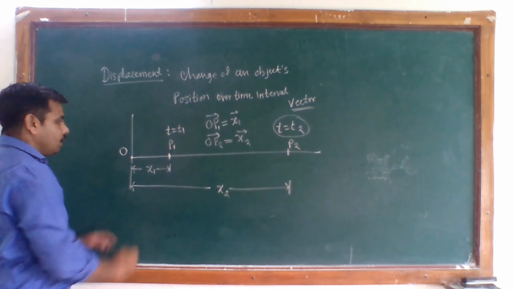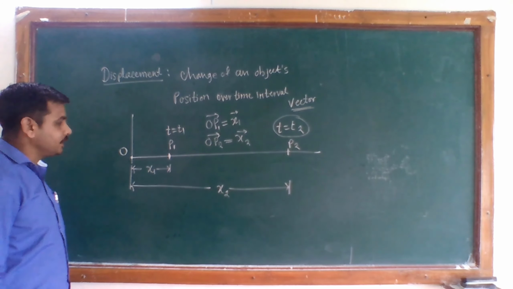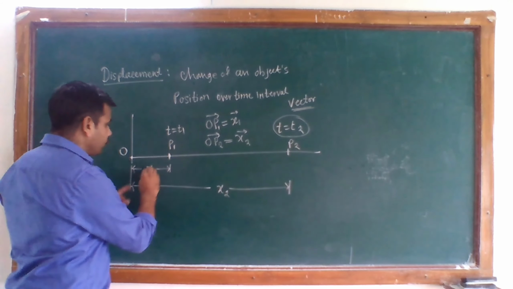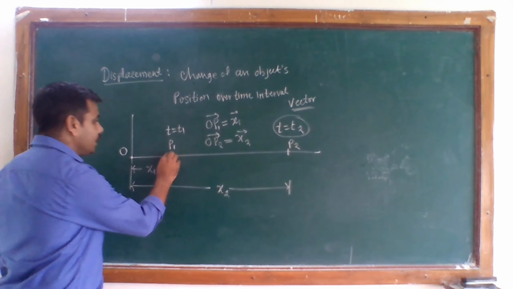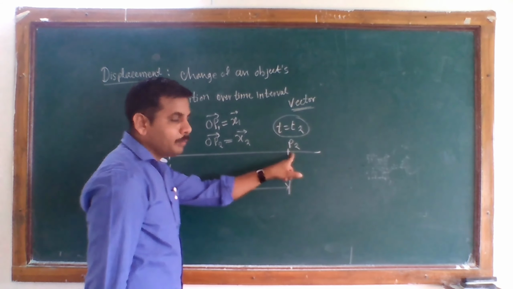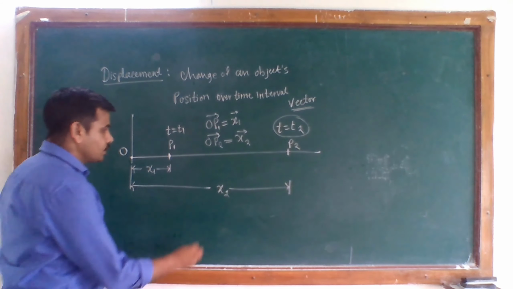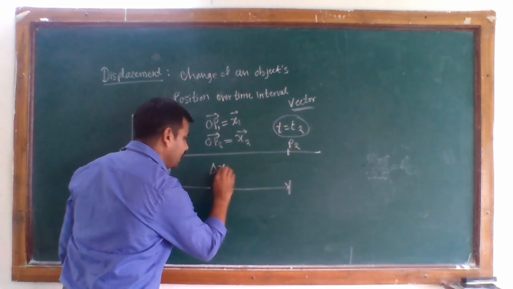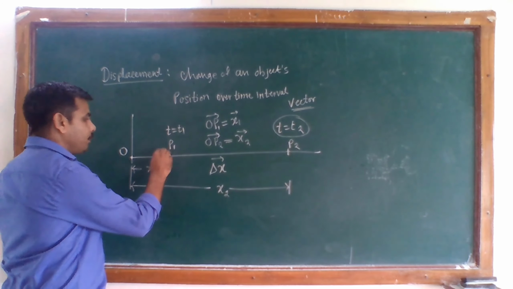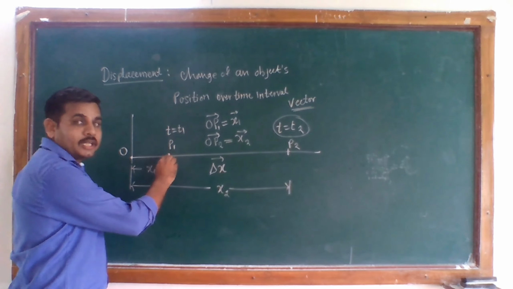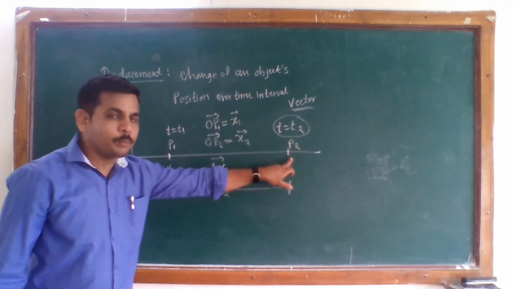The change in the position between P1 and P2 is the displacement. So I can write delta x, the displacement, as the change in position of the car from P1 to P2.